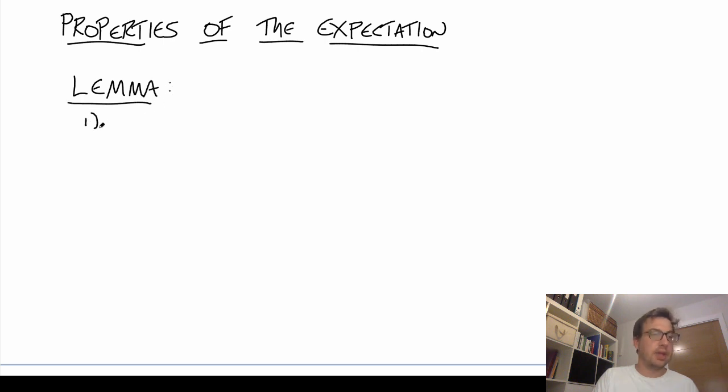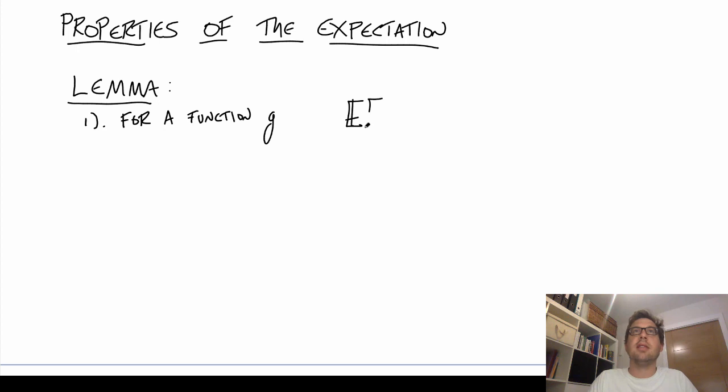So number one, we can take functions of our random variable X. For a function g, I can look at the expected value of g(X).